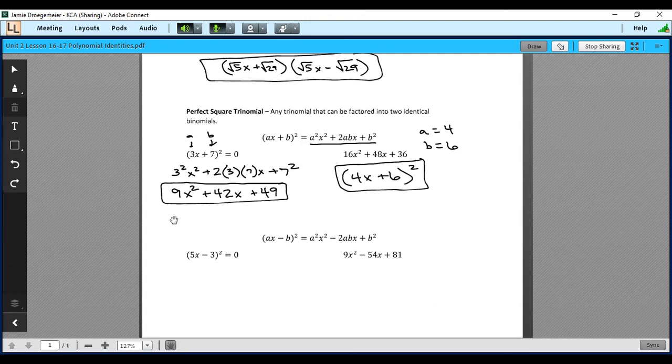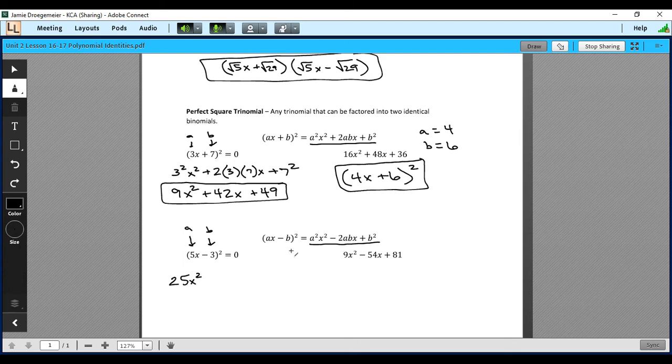And then our last few examples here, same idea, but now with an ax minus b quantity squared example. So 5x minus 3 squared. So our a term here is 5. Our b term is 3. Looking at our identity here, 5 squared is 25. So this is going to be 25x squared.